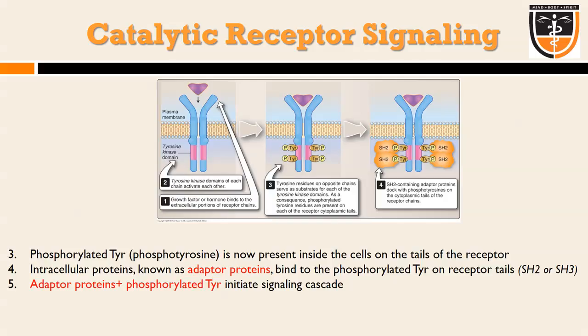And why can they bind to this phosphorylated tyrosine? Because they have an SH2 domain. The SH2 domain on these adapter proteins will enable them to bind to phosphorylated tyrosine. Okay? Now these adapters attaching to phosphorylated tyrosine will initiate the signaling cascade.